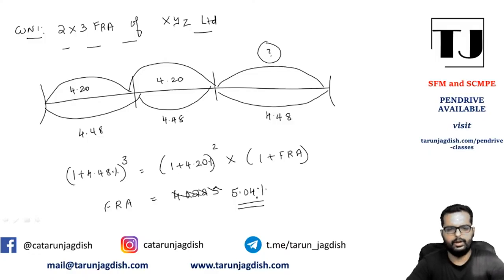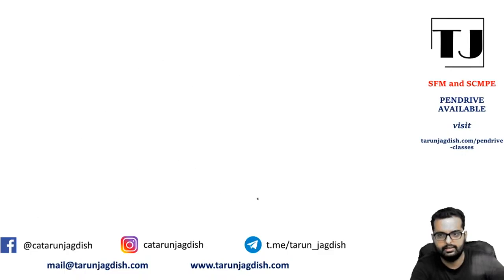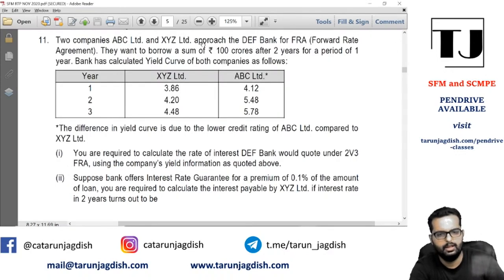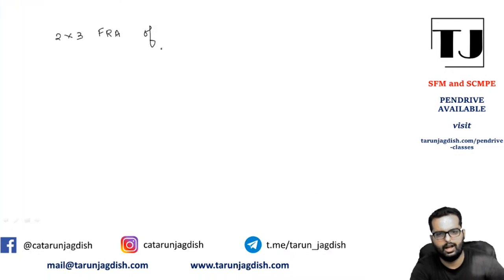I believe the answer is 6.38. Alright, I'll write that down as the next one: 2 into 3 FRA of the second company, ABC. Even though they haven't asked for that, I just thought of working it out. That is 6.38 percentage. Alright, so we are done with this part.